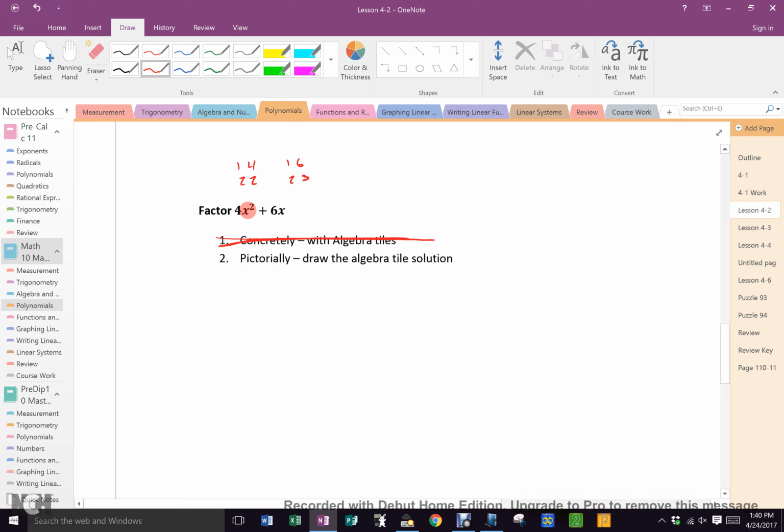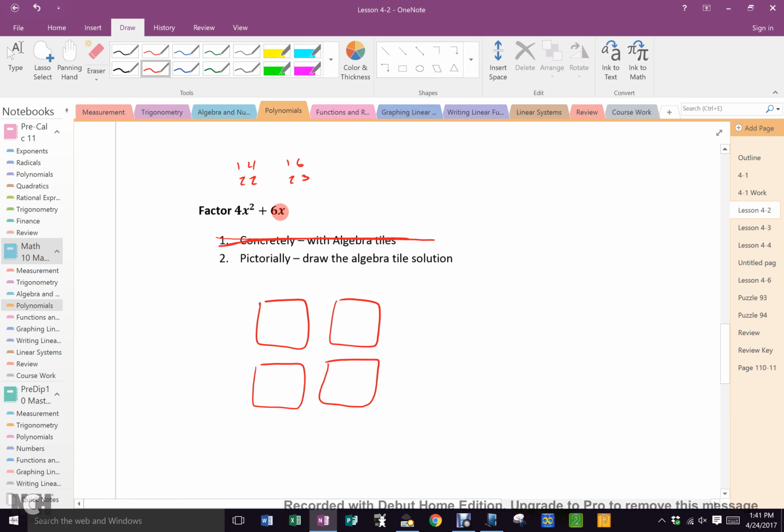So 4x squared. How do I draw 4x squared? What's an x squared? It's the big guy, yes? And I need to have 4 of them in groups of 2. What's the only way to draw that? Does everyone agree? Everyone's cool with that, right? Okay. Now I need to put 6 x's in groups of 2.